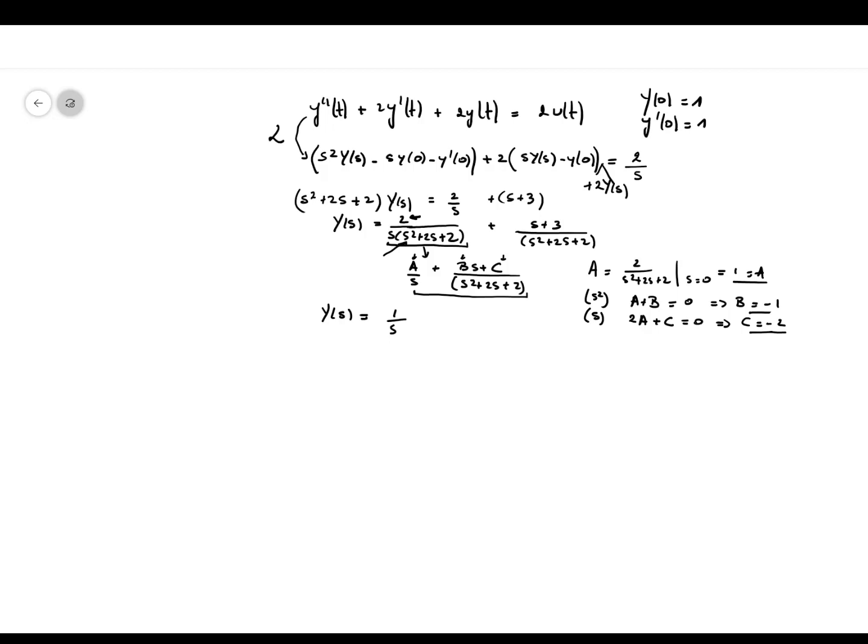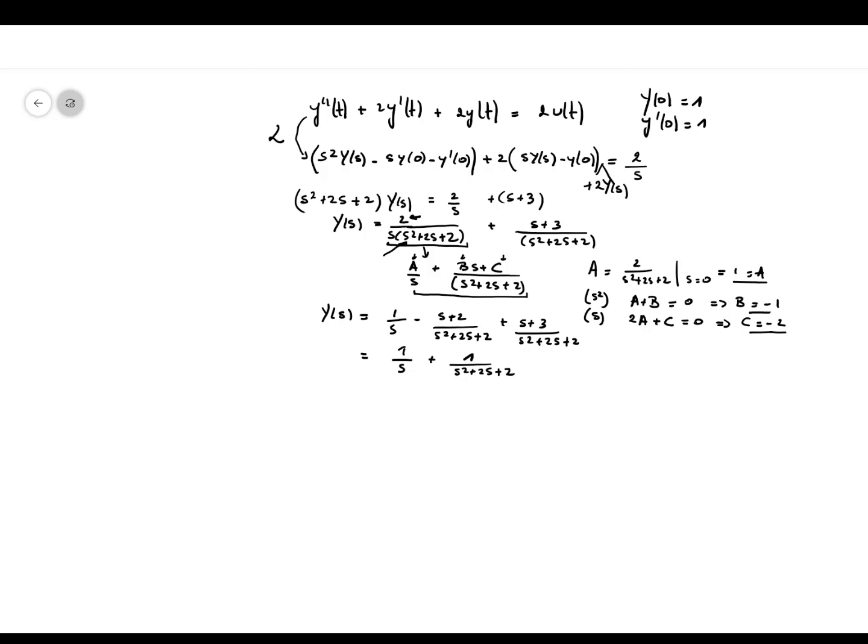Okay, so we have minus s plus 2 over s squared plus 2s plus 2, and we'll have this one over here plus s plus 3 over s squared plus 2s plus 2. So this is equal to 1 over s, and this leaves us with plus 1 over s squared plus 2s plus 2.